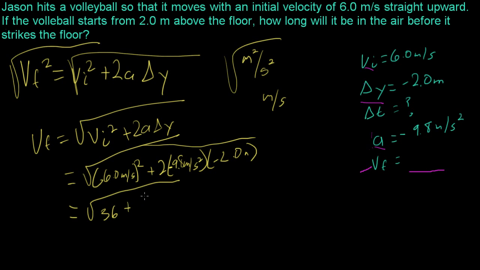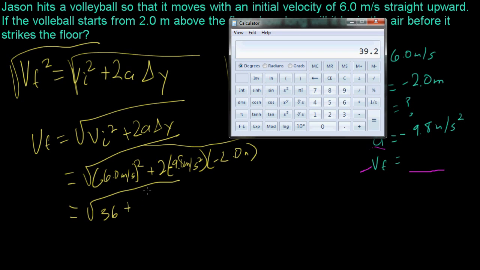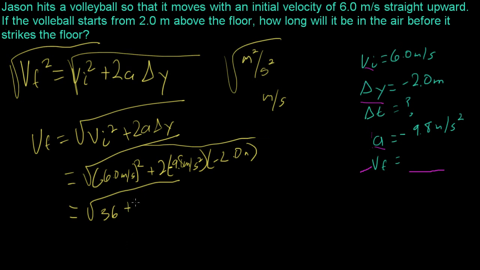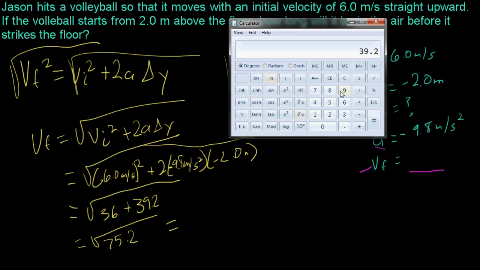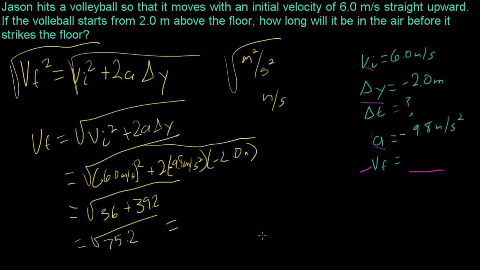So what was that? 39.2. So we get the square root of 75.2. The square root of 75.2 is about 8.67. Cool. So our final velocity is about 8.67 meters per second.